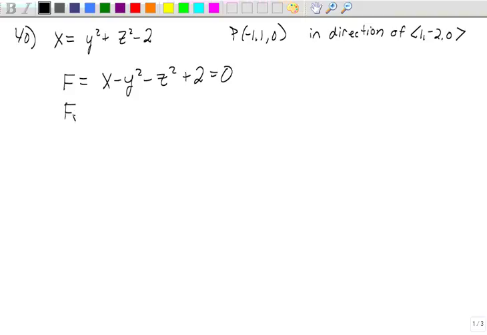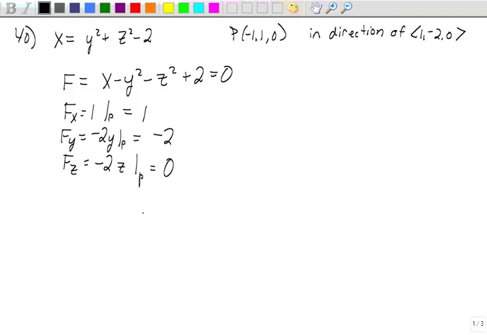So f_x is 1, f_y is -2y, f_z is -2z. At the point, this is 1, this is -2, and this is 0. So that's how I get this direction.